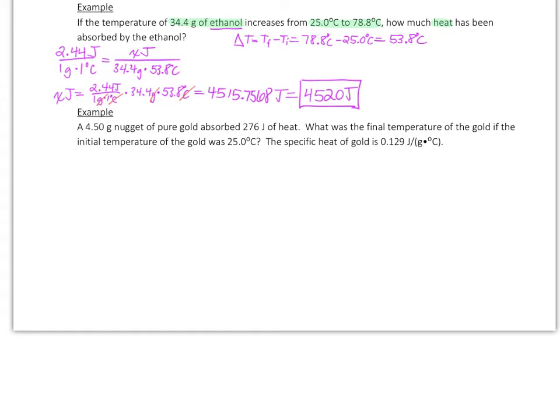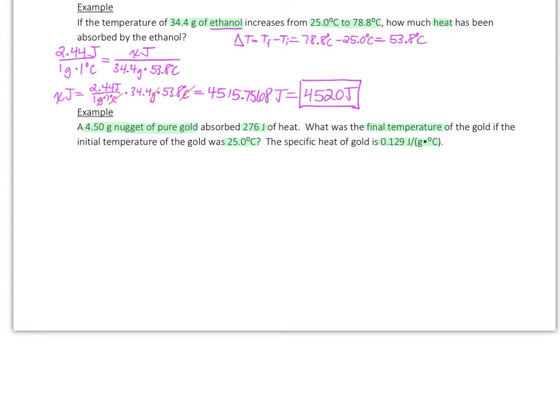A 4.5 gram nugget of pure gold absorbed 276 joules of heat. What is the final temperature of the gold? The initial temperature was 25, and the specific heat of gold, we're told, is 0.129 joules per gram degree Celsius. And so here, we're just having that change in temperature.